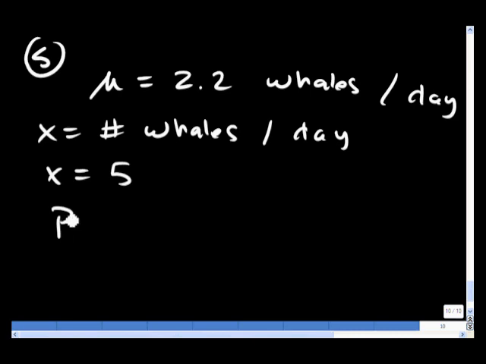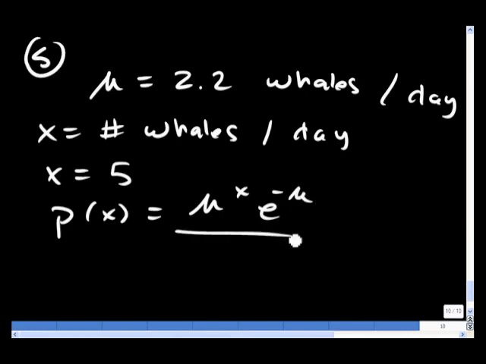The Poisson formula is mu to the x e to the minus mu over x factorial. We have to determine P of 5.